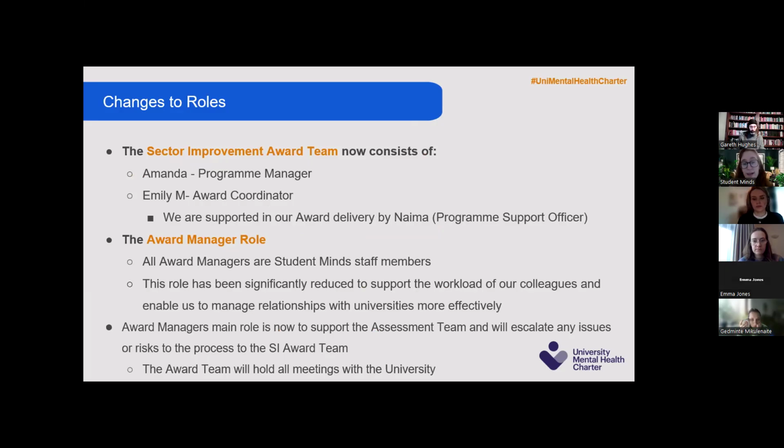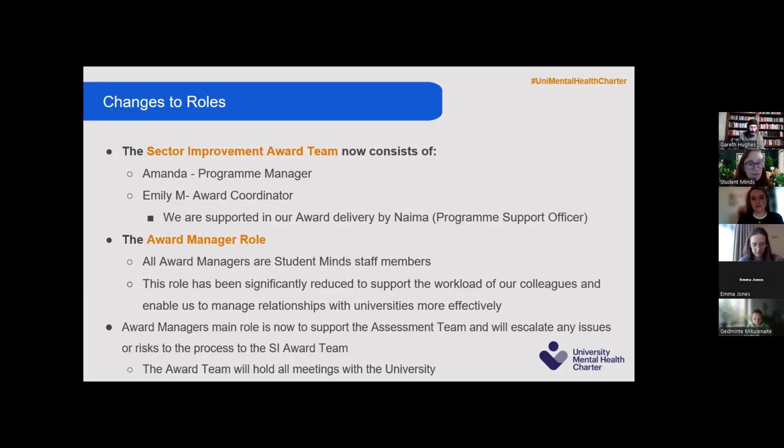I'm supported by Emily M, who's the award coordinator, and we're also supported by Naima, who's our program support officer. So if you're getting emails around the assessments, one of these names is the one that you will see and interact with throughout.